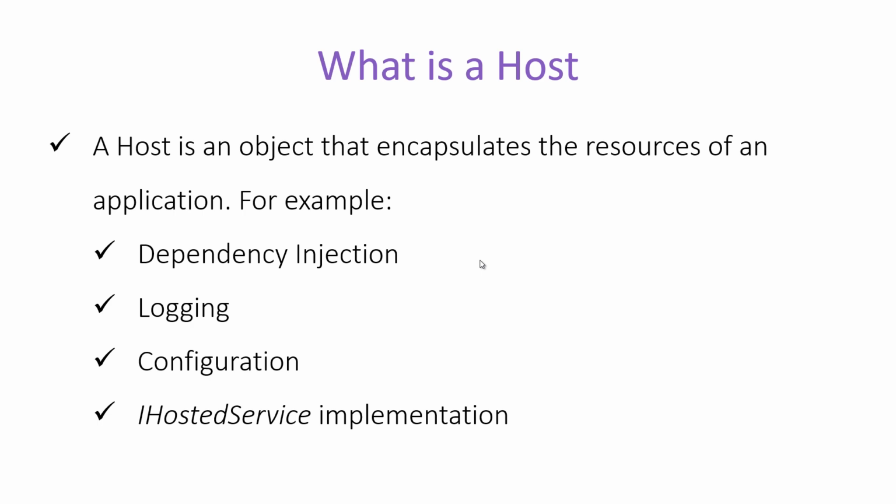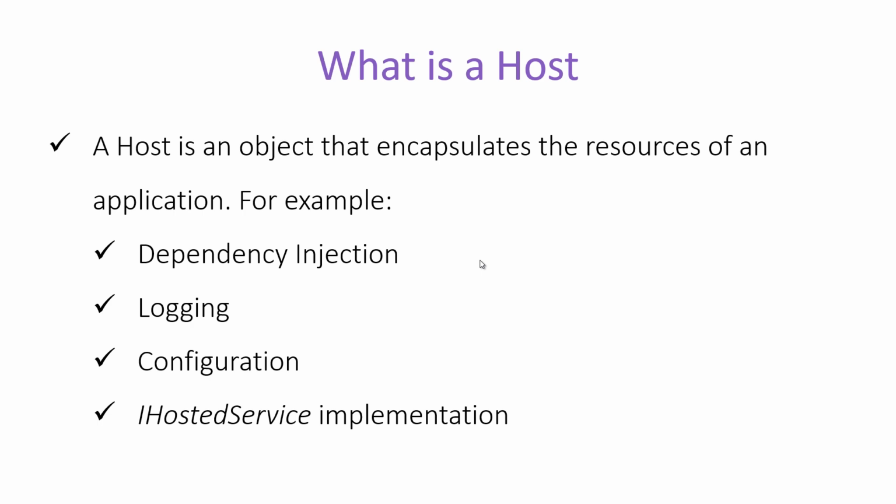So at this point we can say when we are using a .NET Core application, then these functionalities or features are being used automatically by the application: dependency injection, logging, configuration, and IHostedService implementation. If you are coming from the .NET Framework background, then in an ASP.NET MVC5 application, we have to use some third-party tool to work with dependency injection.